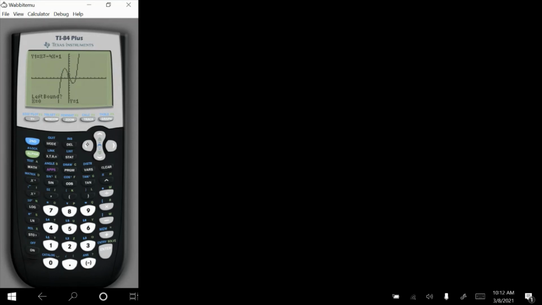Now, left bound in this situation is going to be an area on the graph that's to the left of this high point. So my recommendation would be to scroll over to roughly this area of the graph that's to the left of the high point. That would be a good left bound. Go ahead and press enter. And a right bound, we're going to move the cursor on the other side of this hill, if you will.